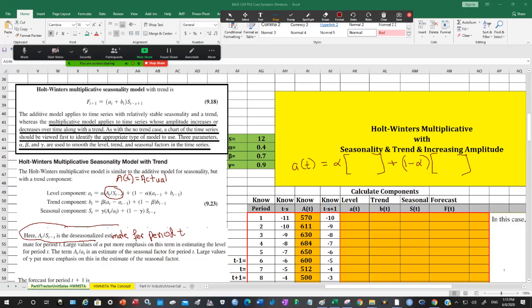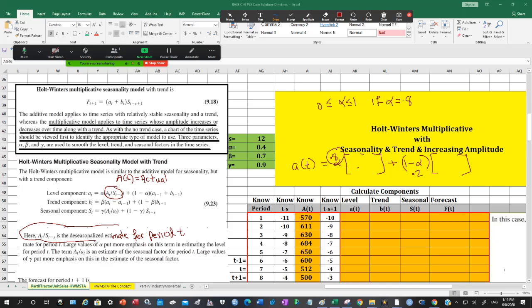This alpha is a scaling factor or a weight. Alpha is between 0 and 1. So if alpha is 0.8, then 1 minus alpha would be 0.2.